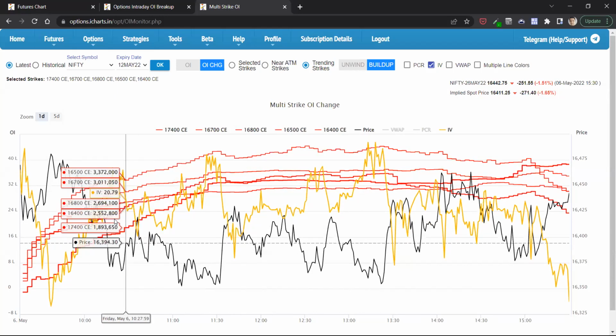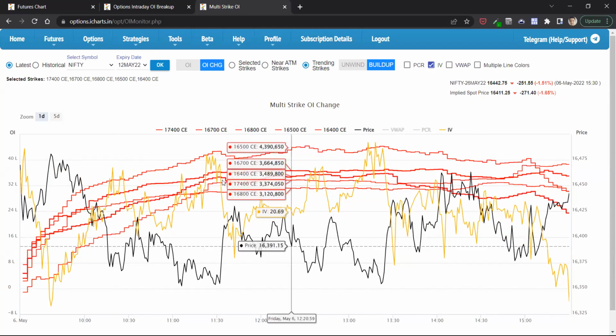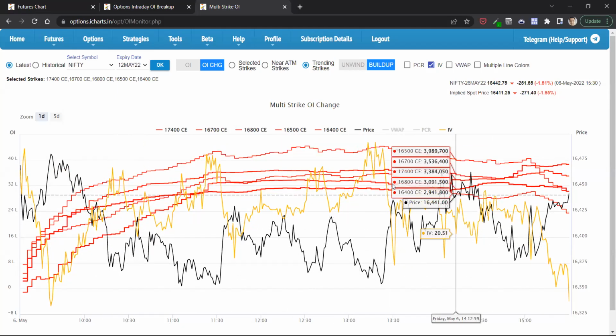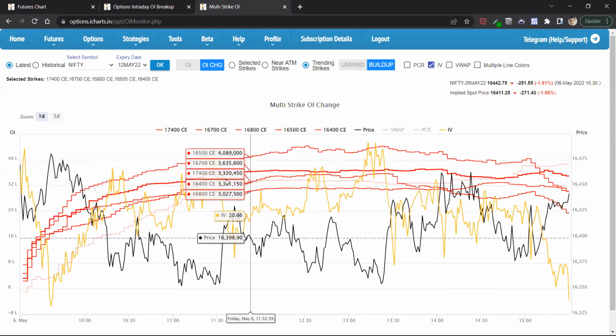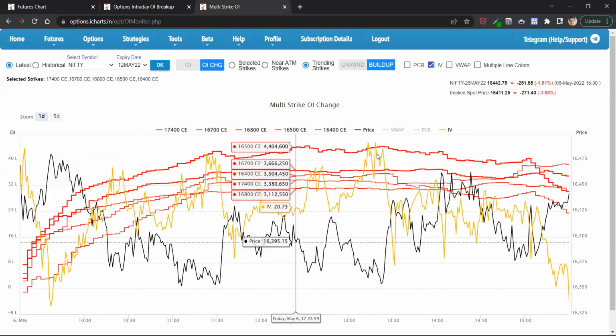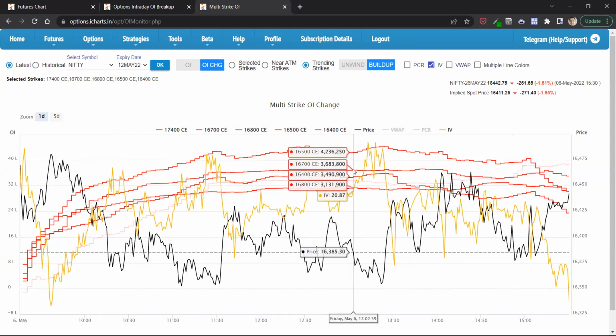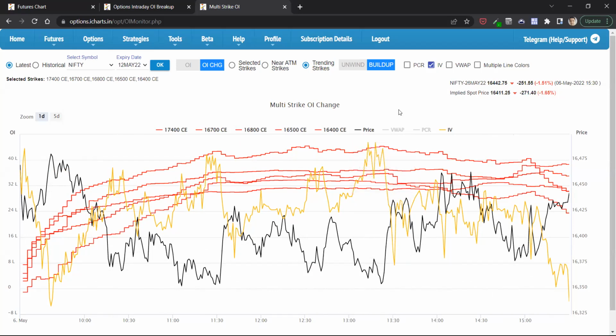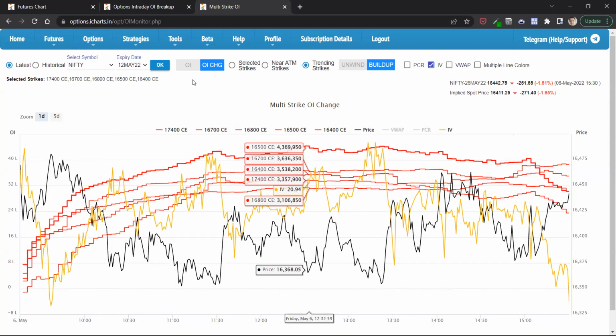So it would quickly tell you that it's mostly sideways. Or if it is bullish, then all these lines will be green, so you'll get an indication that overall it is bullish. If you want to monitor OI, select OI, or this will be OI change.